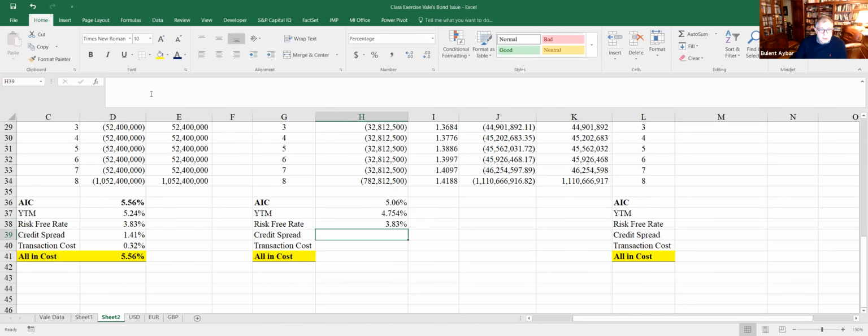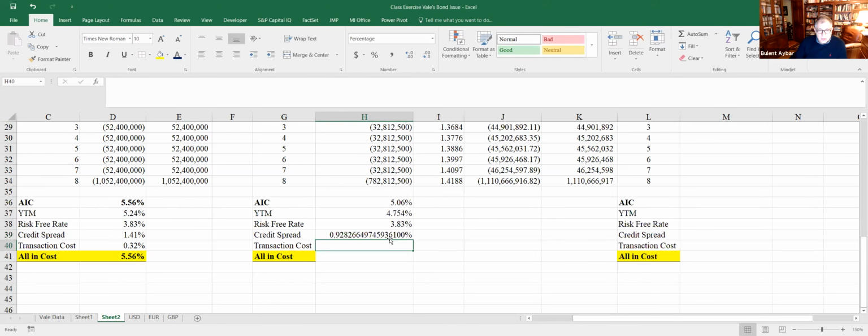And then I can calculate the credit spread as the difference between yield to maturity and the risk-free rate of return. The transaction cost is the difference between all-in cost and yield to maturity.